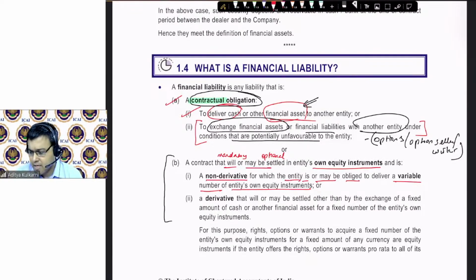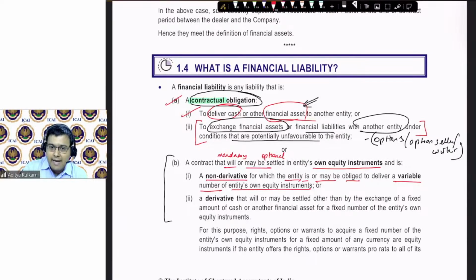Is it okay? Yes. From the vendor's perspective, it becomes a financial asset because this is an obligation to receive another entity's equity instrument. So obviously you will ask, sir, vendor क्या करेगा? यार vendor के case में what it is a contract.